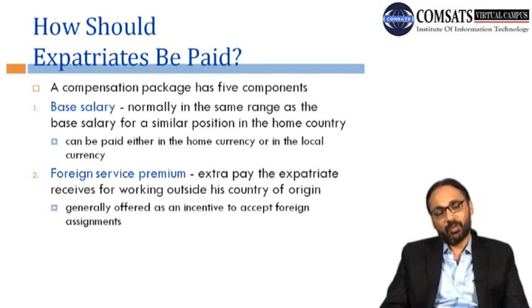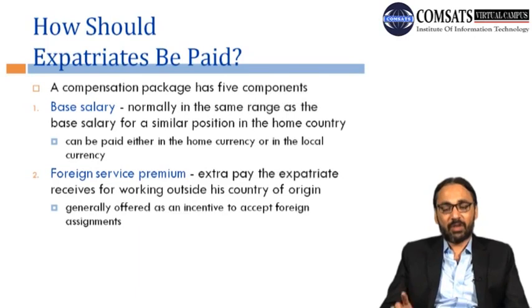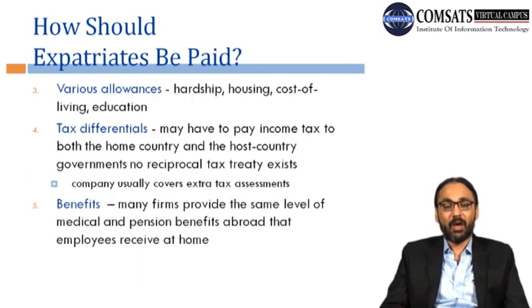How should expatriates be paid? A compensation package has five components. The base salary, normally in the same range as the base salary for a similar position in the home country, can be paid either in the home currency or in the foreign currency. Foreign service premium, extra pay the expatriate receives for working outside the country of origin.